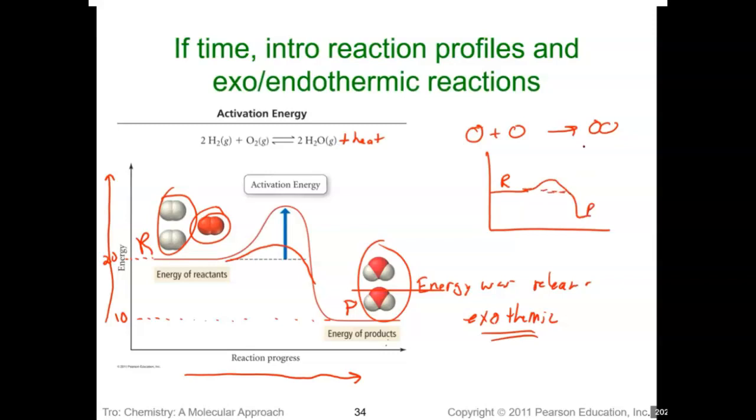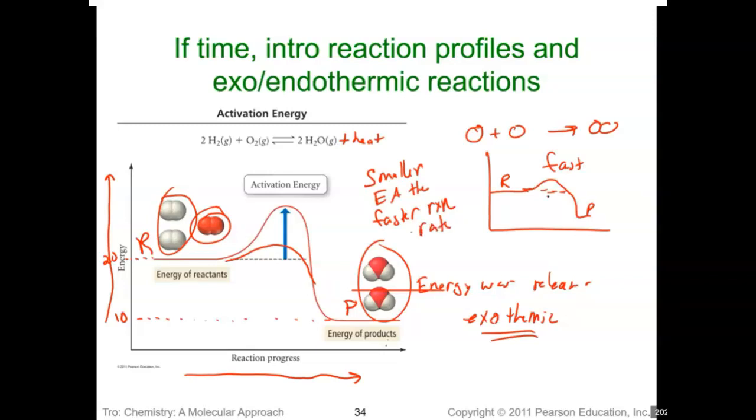Their activation energy is very small, which means this is going to be a very fast reaction. So the smaller the activation energy, the faster the reaction is, which means the faster the rate.